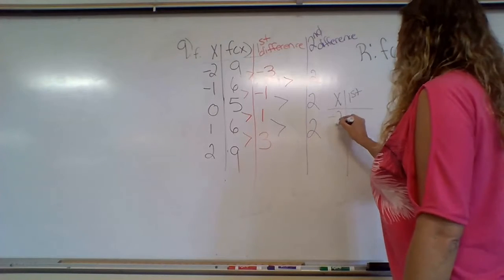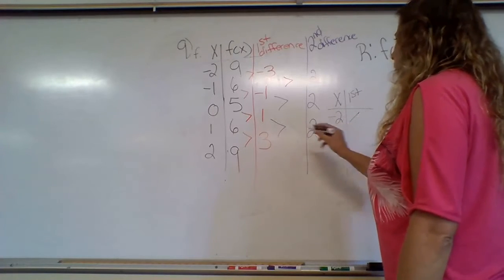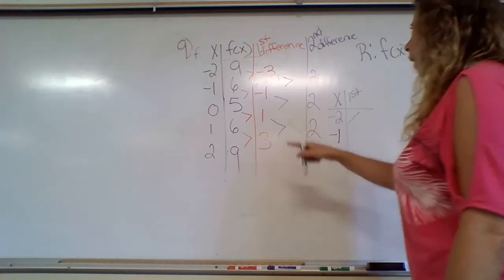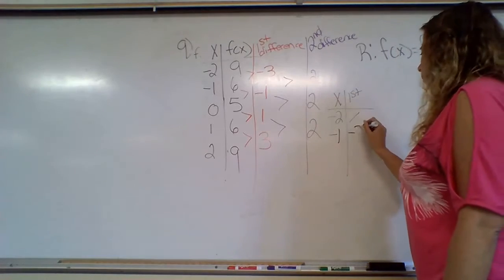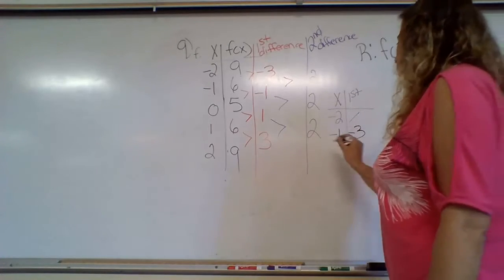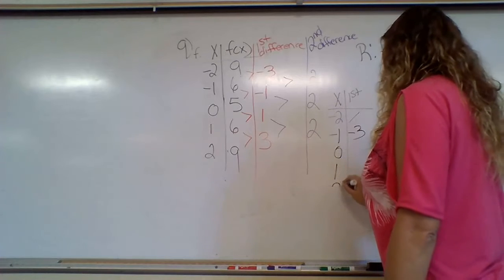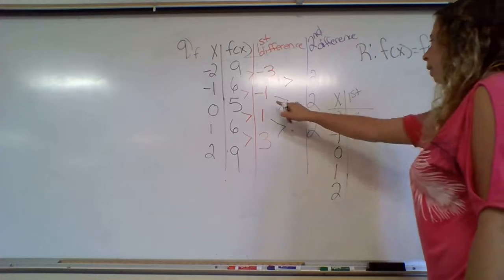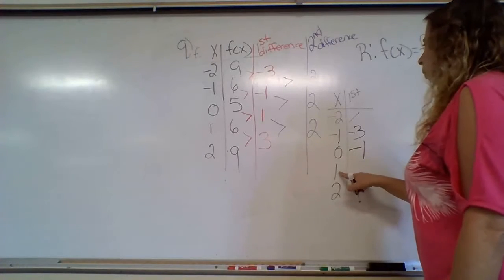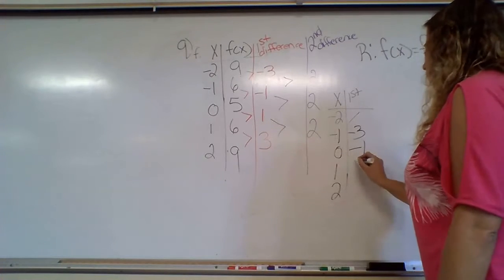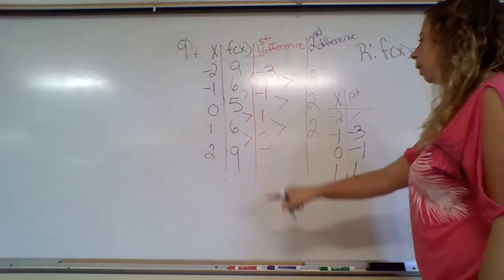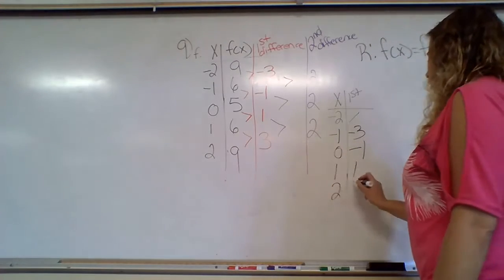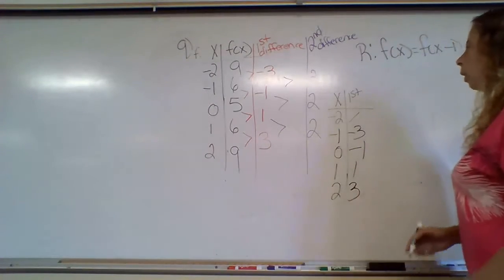So -2, nothing there. And then you have -1 and -3. And then you have, okay, this is 0, 1, 2. There, I rewrote my x values. So then 0 is with -1. 1 is with 1, and then 2 is with 3. Okay, we're just ignoring the middle data for now.